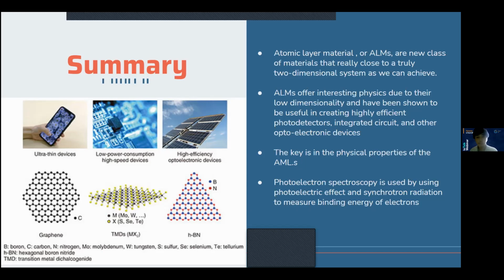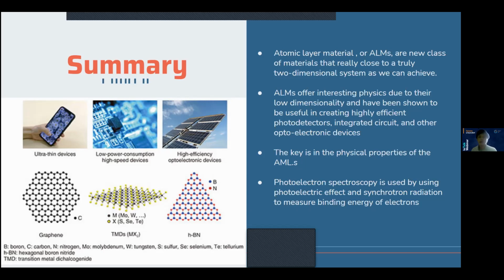And the fourth point is photoelectron spectroscopy. After Sakamoto Sensei delivered the first topic about the physical properties of ALMs, he delivered the second subtopic, which is about photoelectron spectroscopy.